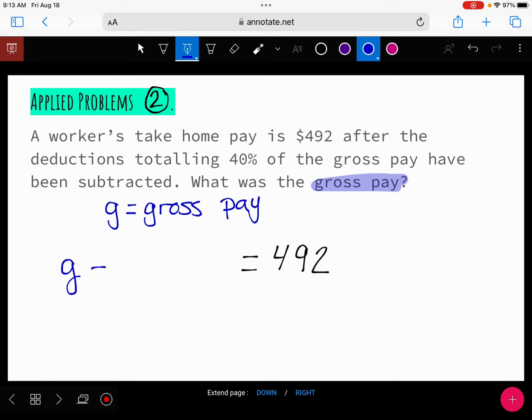How do I write 40% of the pay? 0.4. Just like that. 40% of the pay. 0.4G. Otherwise, they just have 40 cents in tax, and I want to live there. Okay, so 40% means we got to multiply it by a piece.